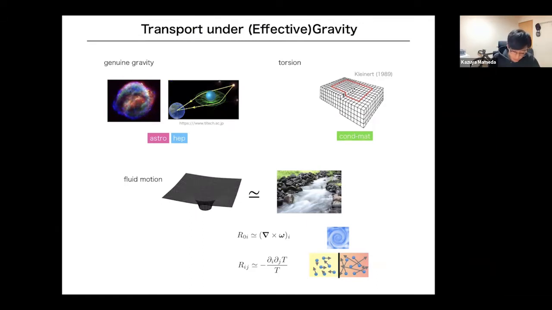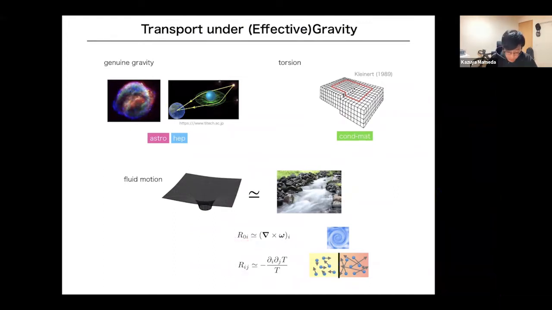And finally, I want to emphasize that fluid motion can be regarded as some geometrical effect. For example, if you have some vortical profile in the background fluid like this, and temperature dependence like this, then this situation can be described by the geometry with non-vanishing Ricci tensor R0i or Rij.